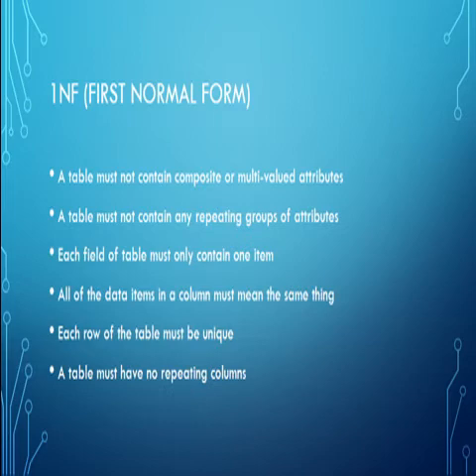Number 3. Each field of a table must only contain one item. Number 4. All of the data items in a column must mean the same thing. Number 5. Each row of the table must be unique. And the last one, a table must have no repeating columns.